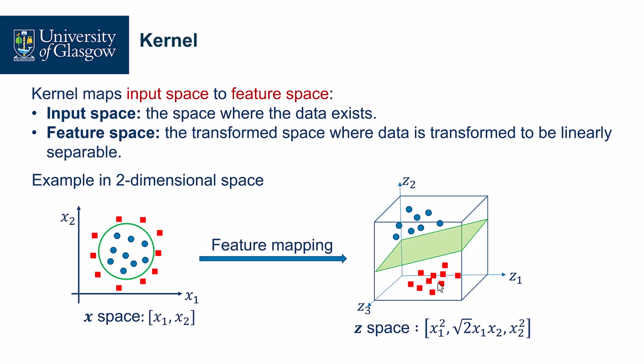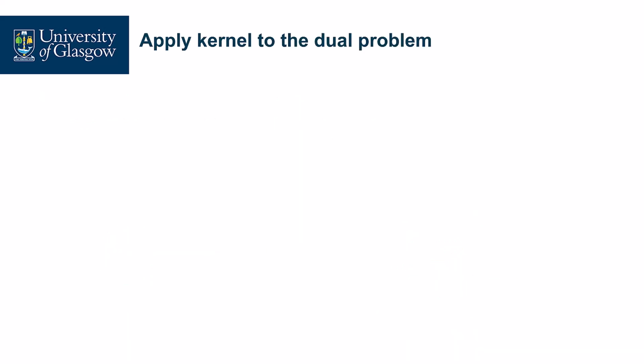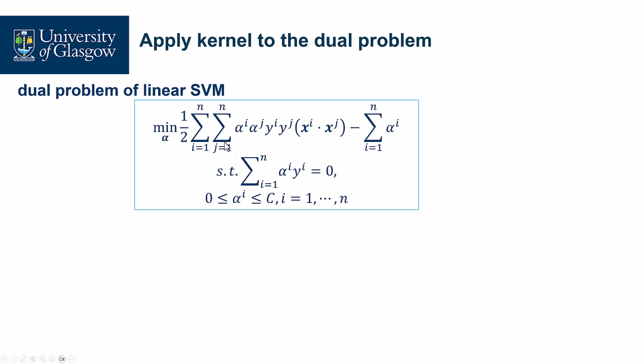After knowing this, we need to apply it to the optimization problem that we solved for the hard margin or soft margin SVM. So let's see how to do that. The dual problem that we solved before, I think you remember this one from the last session. This is the soft margin one. We will solve this dual problem.